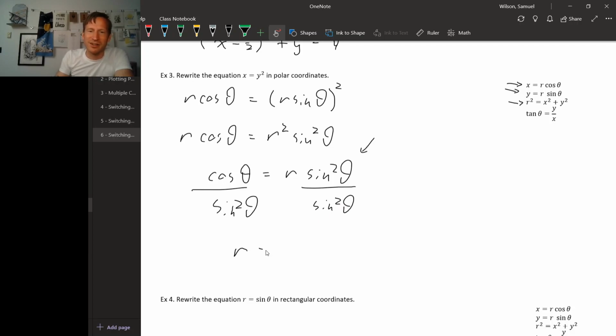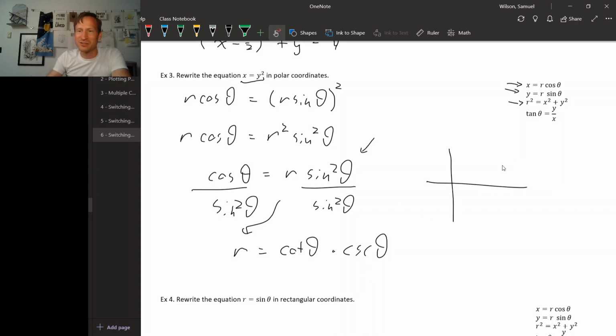You'd get, I'm going to move the r to this side just because I want to, r equals, so we have a cosine over a sine, that's cotangent theta. And then we have a 1 over a sine, and that's cosecant theta. So this parabola, x equals y squared, that's going to look something like this, is also given by this equation in polar coordinates.